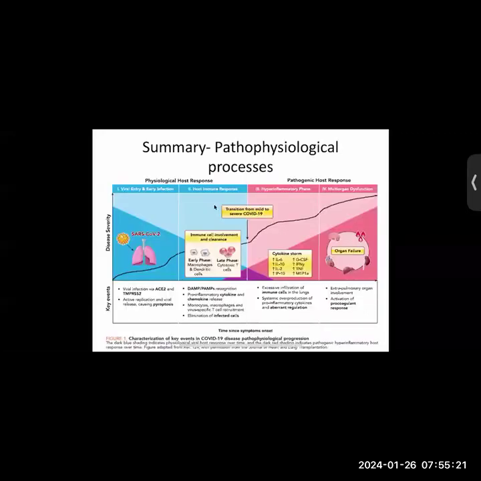Okay, this is just a picture showing the physiological process in the host immune response. The first one is actually the physiological host response. When the virus enters, there's early infection. Then the next one, which is the 2, the host is able to take care.